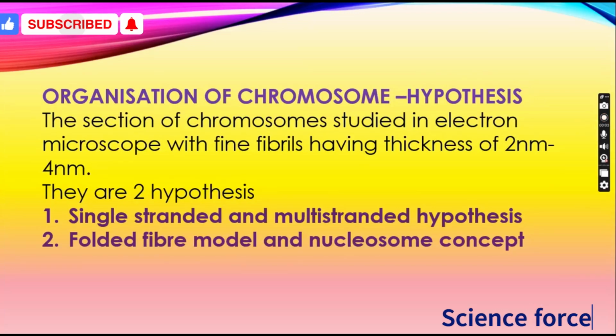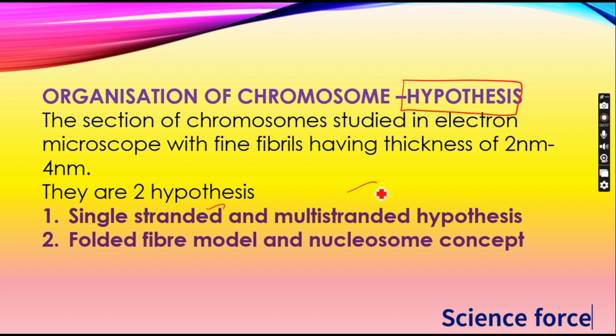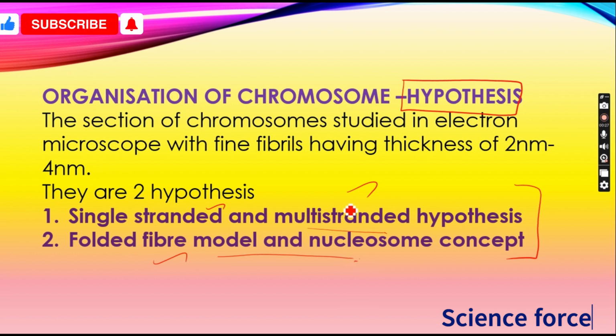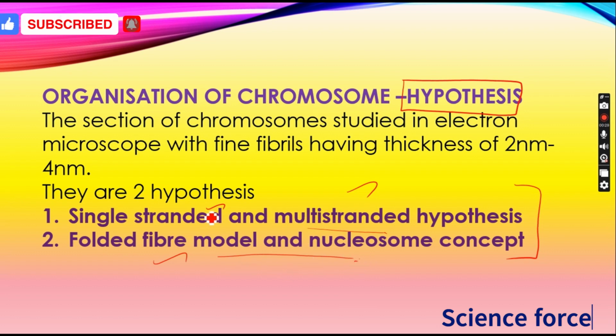Next, we are going to see about the organization of a chromosome hypothesis. This hypothesis is very important. There are several hypotheses: single-stranded, multi-stranded, and folded. We have divided them into two: the single-stranded, multi-stranded hypothesis and the folded fiber hypothesis, but each is an individual hypothesis.